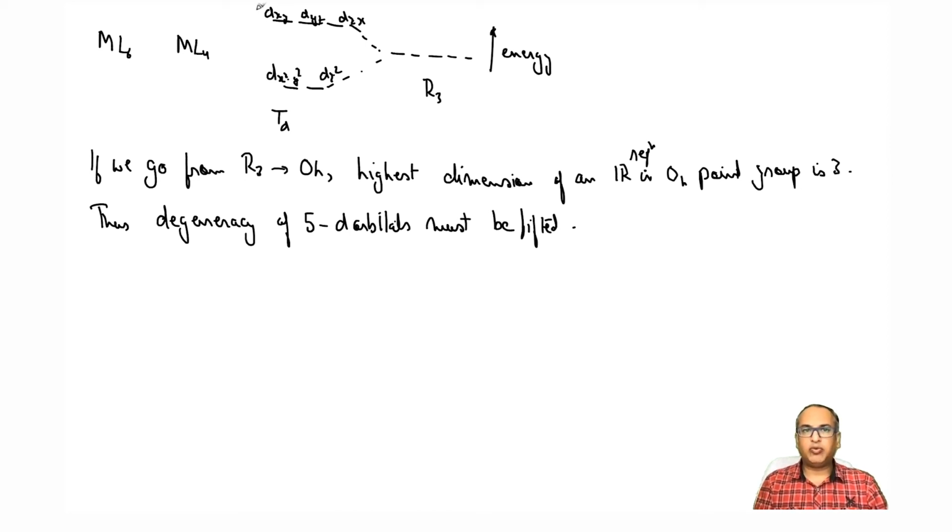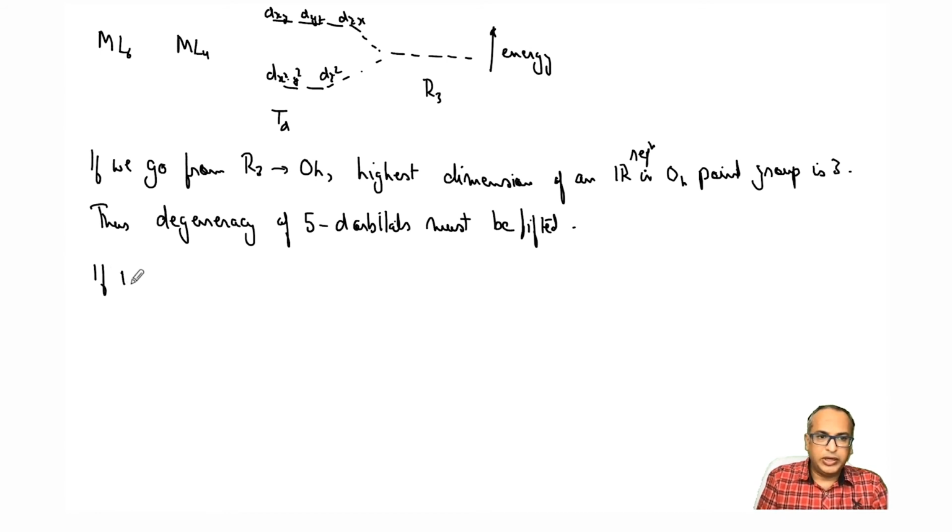So now let's see why this set of orbitals dxy, dyz and dzx pair together, and dx square minus y square and dz square pair together. We have already seen that we can associate the basis functions, the direct product or the binary product of unit vector transformations, to d orbitals, right?